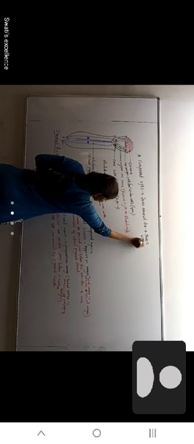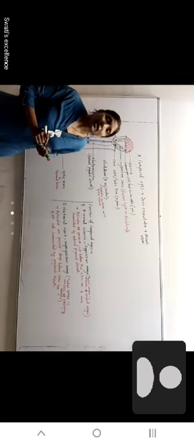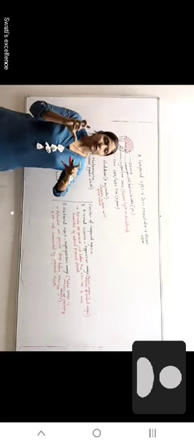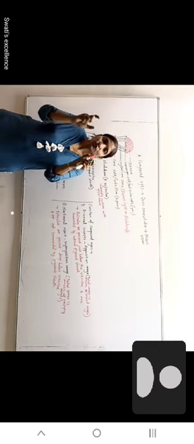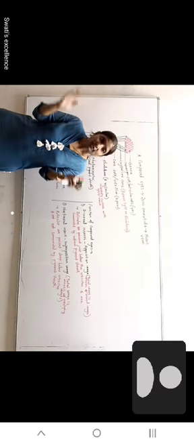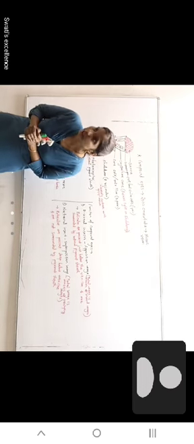Mosaic vision. Now what do you mean by mosaic? Simply a collage, like a puzzle you join and complete. So the image is found in parts and then it is joined together. Are you understanding?